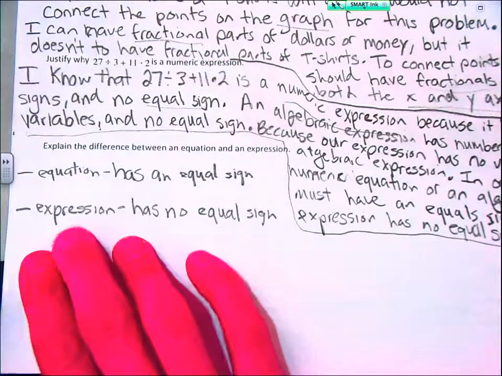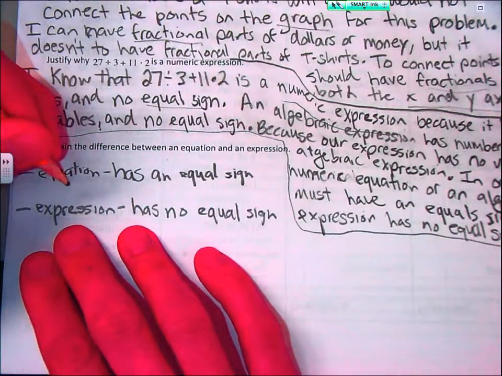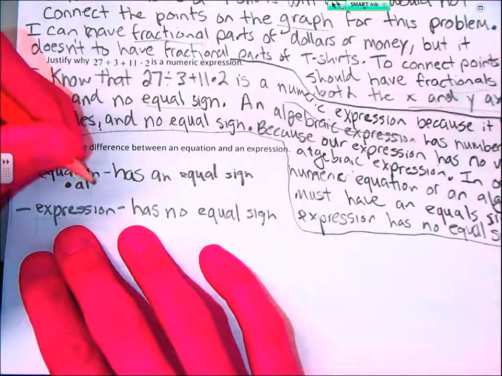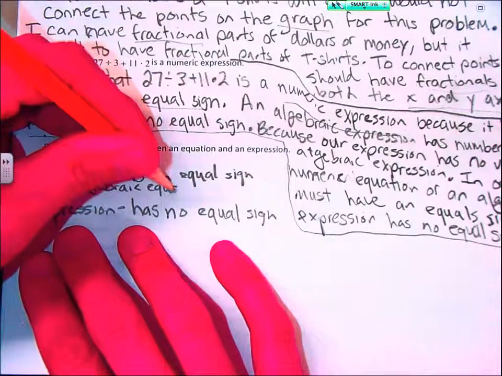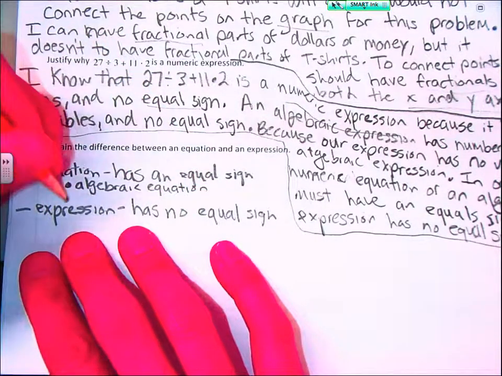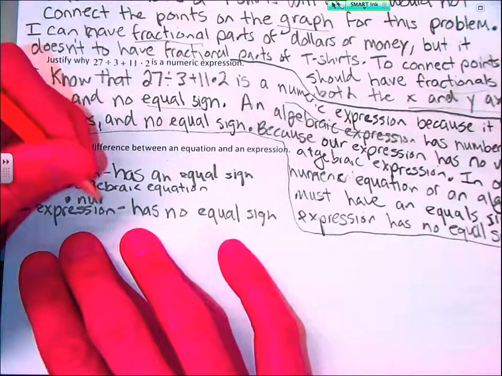Then I would explain that there are two types of equations: there is an algebraic equation and there is a numeric equation.